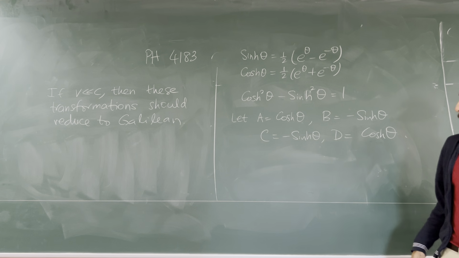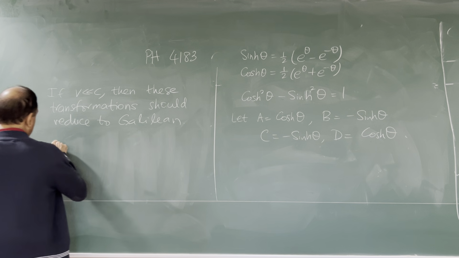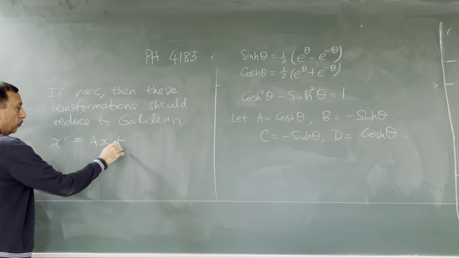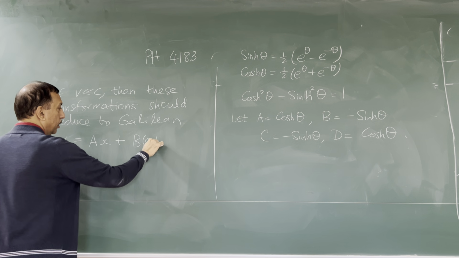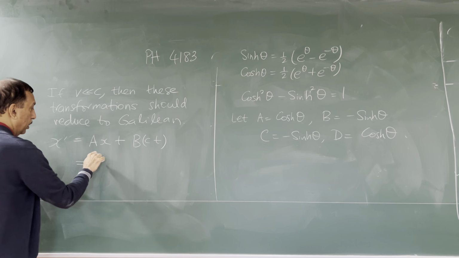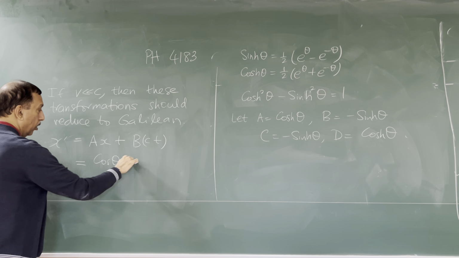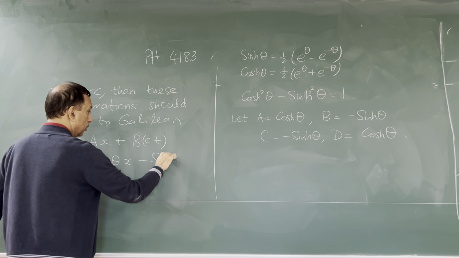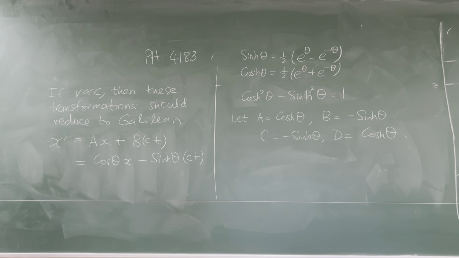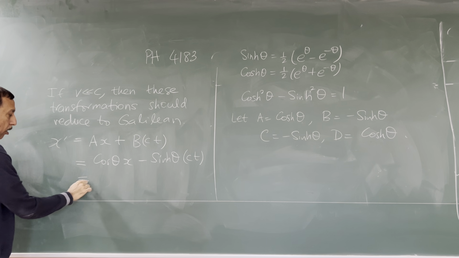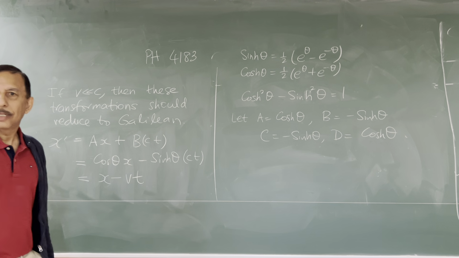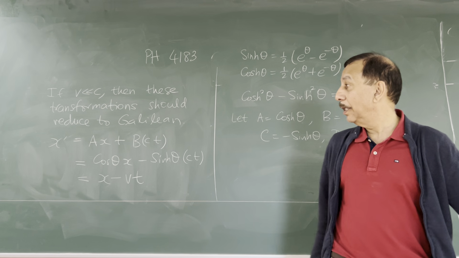Okay, so this should happen, and if you see x prime is equal to ax plus b ct, so a is cosh theta, so cosh theta x minus sinh theta ct, and this should be equal to x minus vt, only for v small.